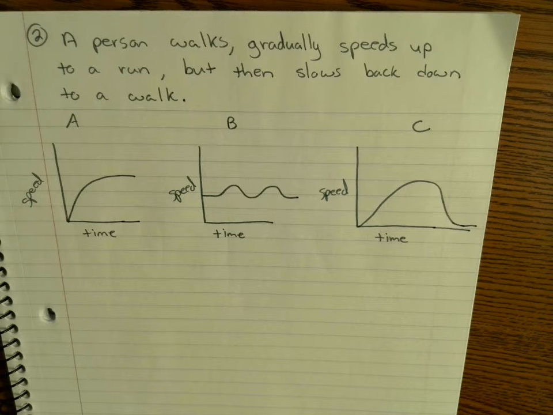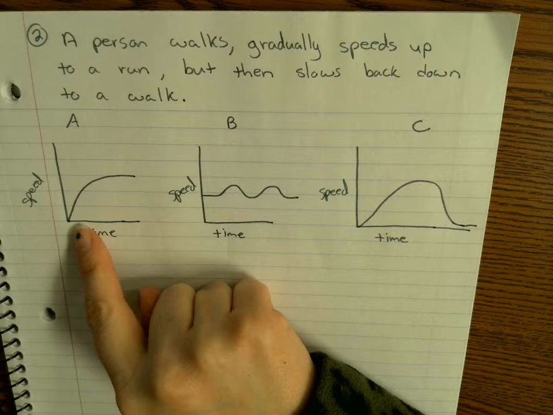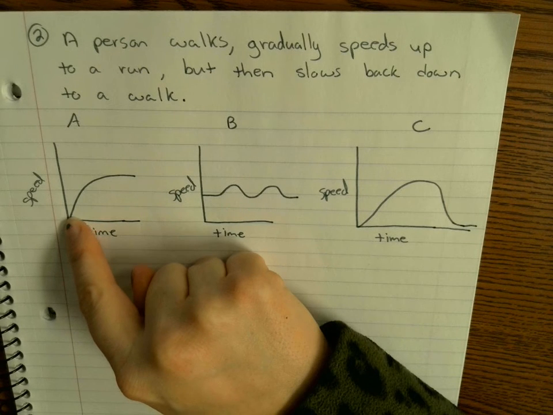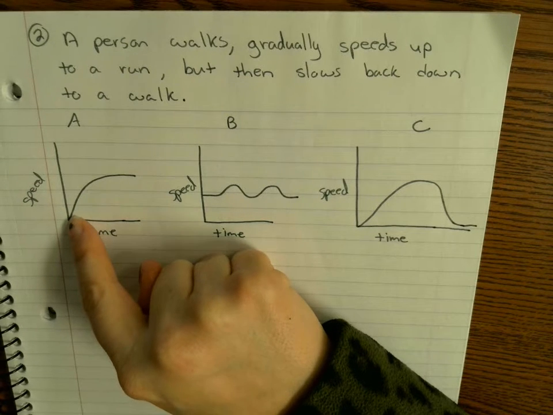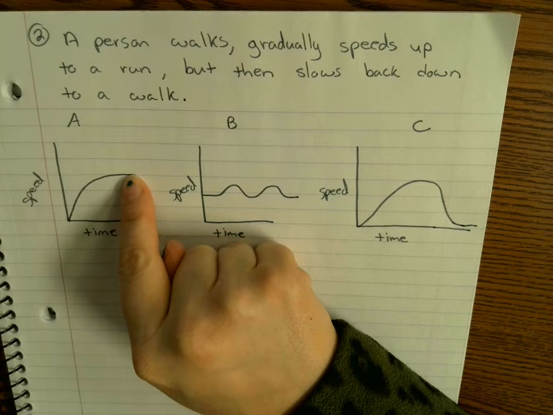Leo? C. Very good. So for here, if we're looking at graph A, it starts, but instead of having a time where it's actually going to be just a little walking period, it's going to drastically hop up to a run and stay at the run the entire time, right?